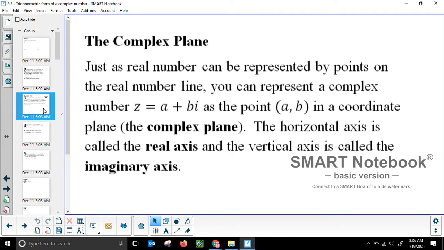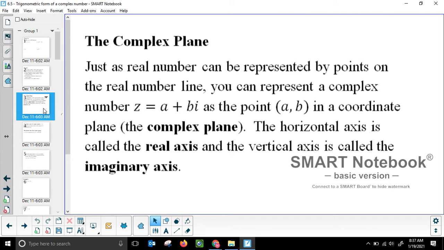Okay, so just as a real number can be represented by points on the real number line, you can represent a complex number, z, which we will say is equal to a plus bi, as the point a comma b in a coordinate plane.